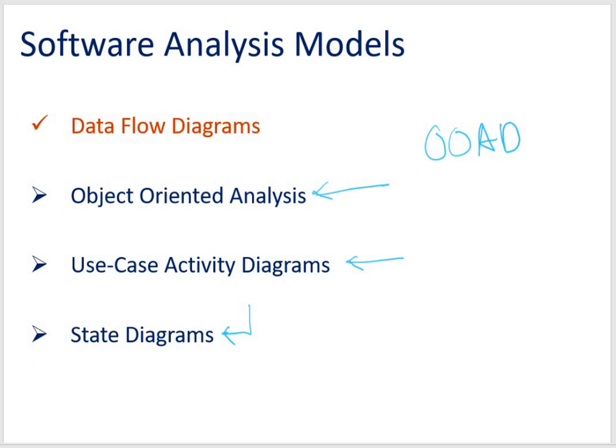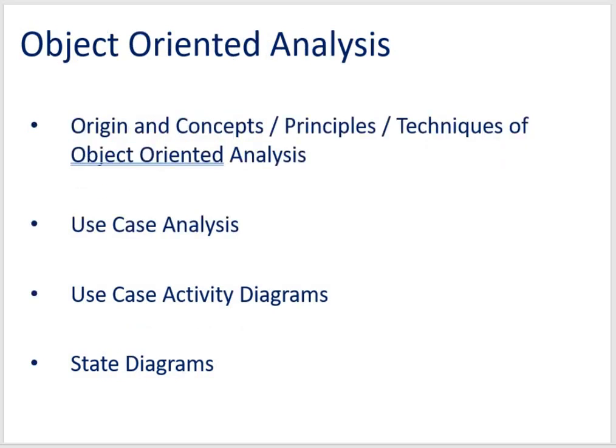So visually modeling throughout the software development process in order to guide the stakeholders and in order to look for the product quality as well, right? So we have the origin and concepts or the principles or the techniques of object oriented analysis, and then we have use case diagrams, use case analysis, use case activity diagrams and state diagrams.